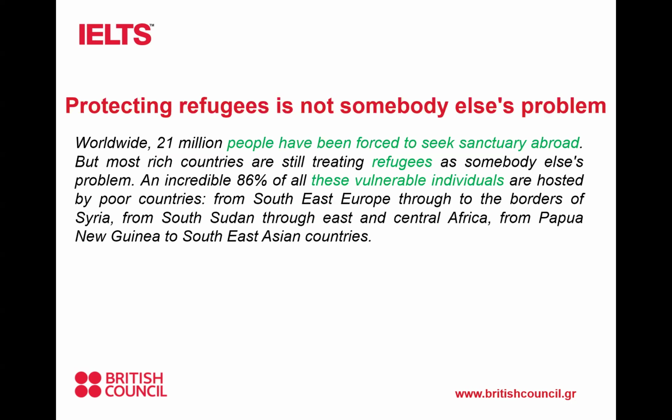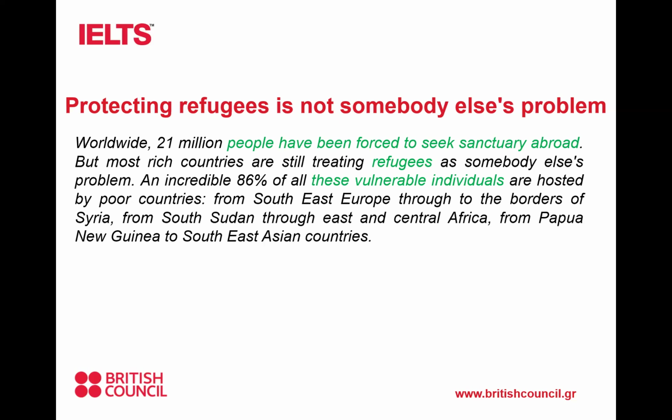People who have been forced to seek sanctuary abroad is a definition of refugees. And individuals, vulnerable individuals, is a replacement of refugees with a more general word, individuals, which is refined by vulnerable. So our first top tip from this essay: to engage the reader, avoid repetition.